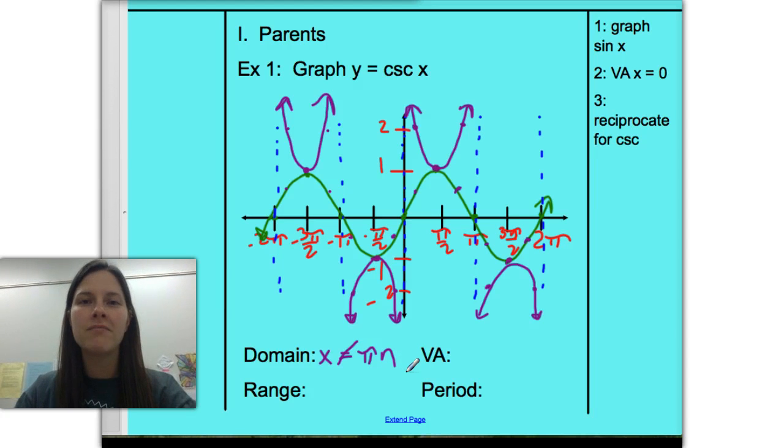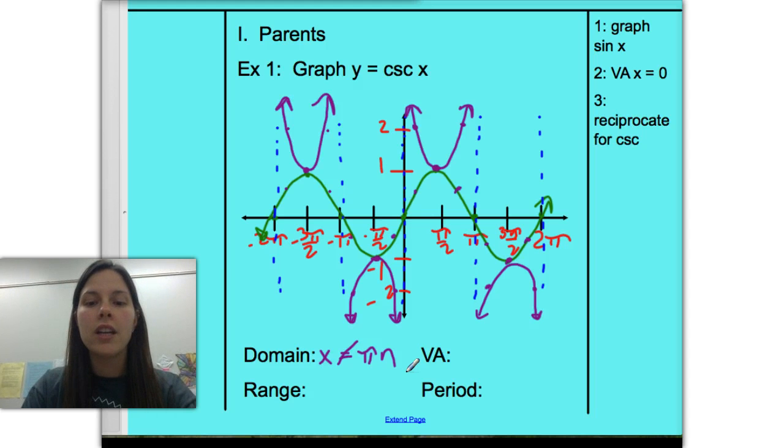The range: notice the cosecant function does not have any y values where the sine function does. The sine waves between -1 and 1, but for the cosecant, the parabolas that open up have a minimum value of 1, and the parabolas that open down have a maximum value of -1.